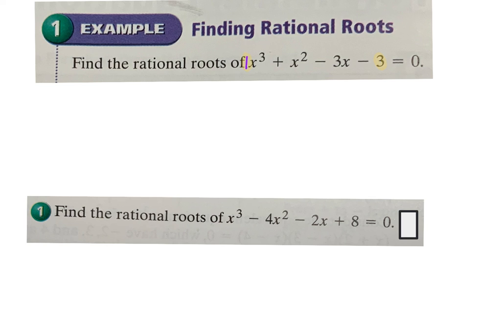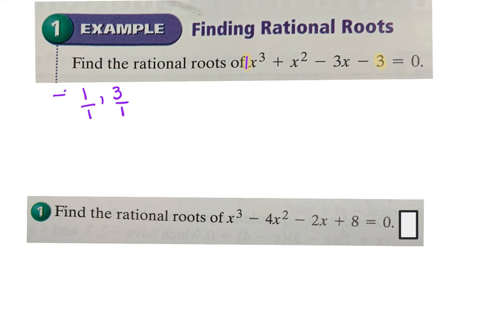All of my possible roots will come from those two numbers. Well, the only factors of 3 are 1 and 3, right? If my leading coefficient is 1, that is my only option here, right?